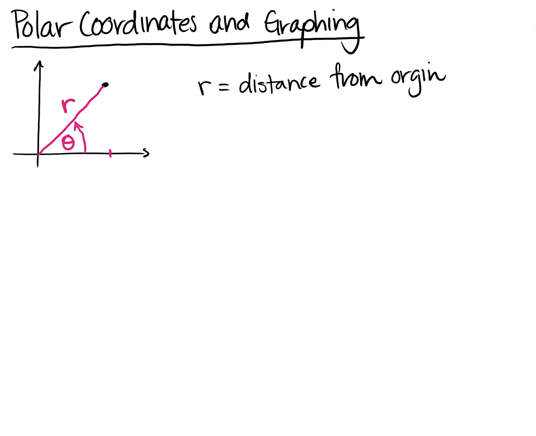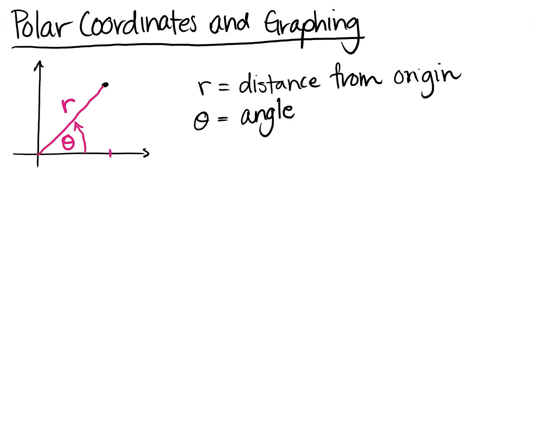That's not how you spell origin. Sound it out, Sarah. Origin. So that's the distance from the origin. And then theta is the angle that you go through to get to that point. So this is theta, that's the angle.